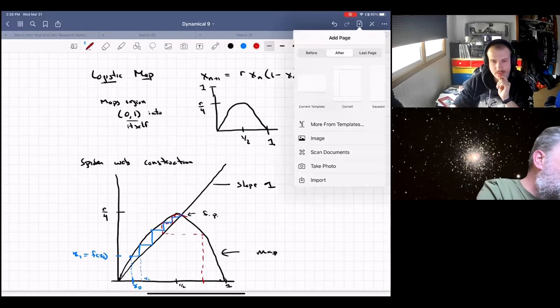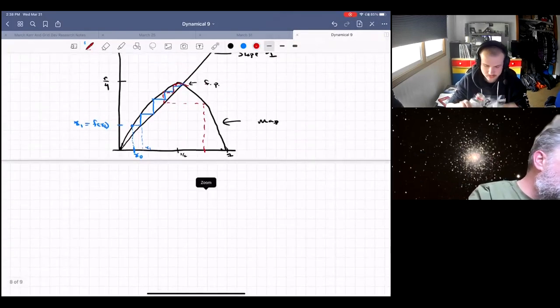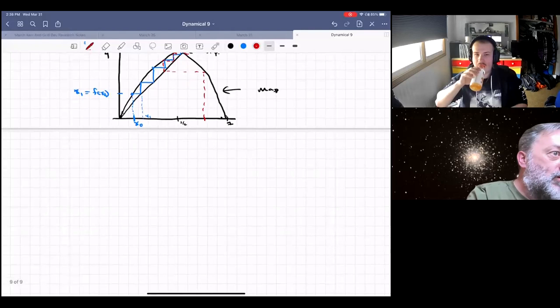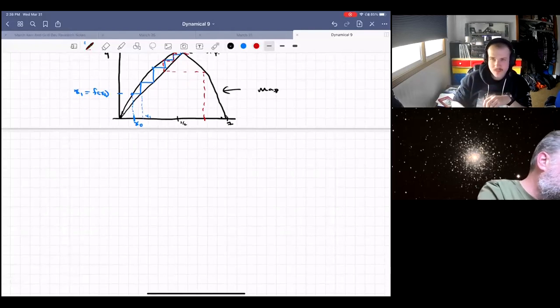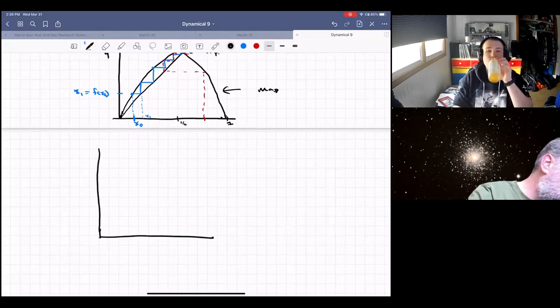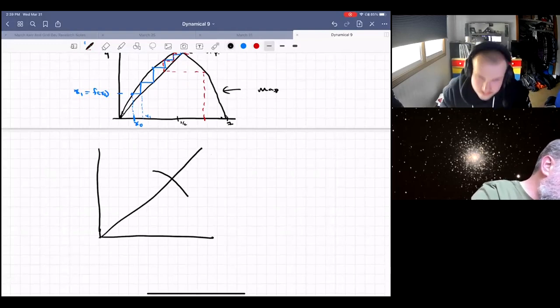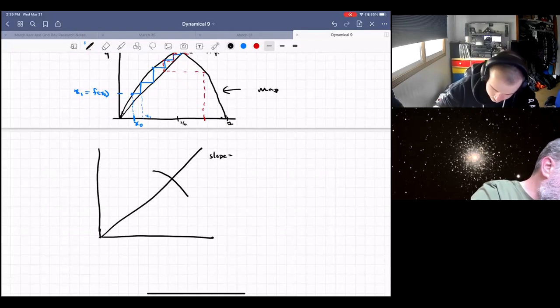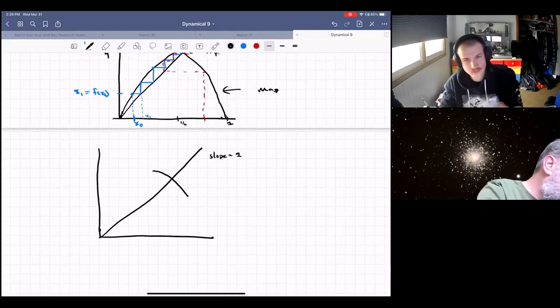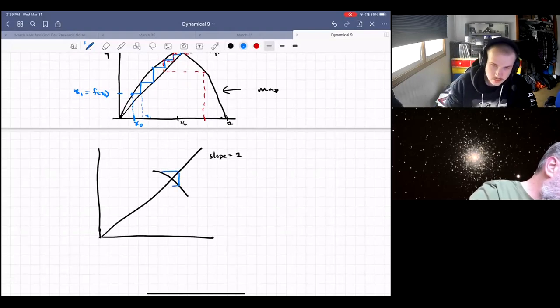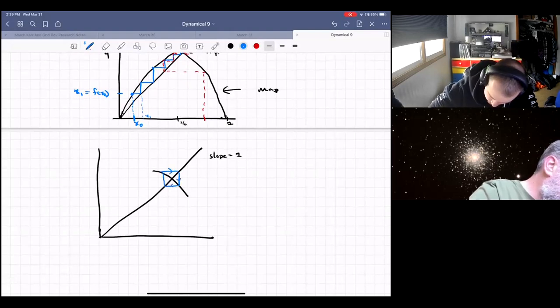Now, it's going to be hard to draw this exactly right. It's possible to have a map, here's my slope 1 line, here's some region of the map, where you can construct this so that it runs around a box.